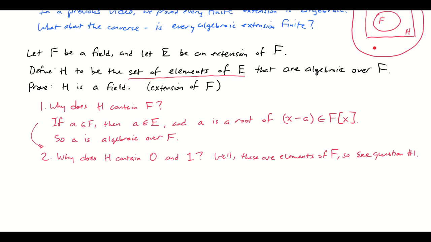Those have to belong to E because F is a subset of E. So if E has some other exotic elements, which we also might call 0 and 1, that is, other elements that act as additive and multiplicative identities, you can use the same uniqueness argument that we've used throughout abstract algebra to prove that those actually have to be the same element. You can't have two different additive identities in a field. You can't have two different multiplicative identities. So these really are the same elements of F that we've been talking about, and we've already proven that elements of F are algebraic over F. Okay, so that was just a warm-up.